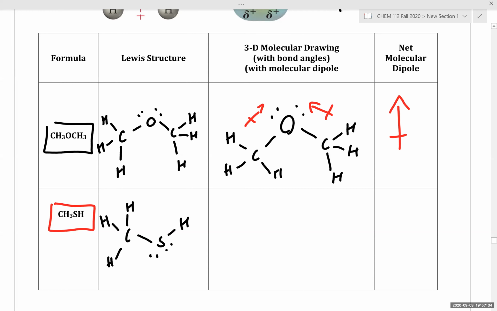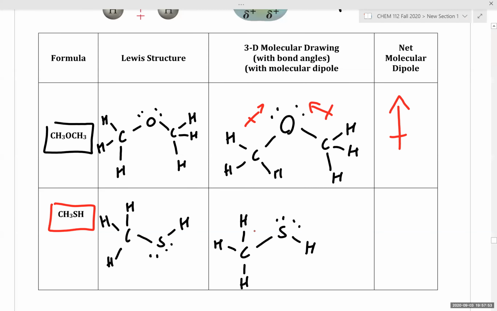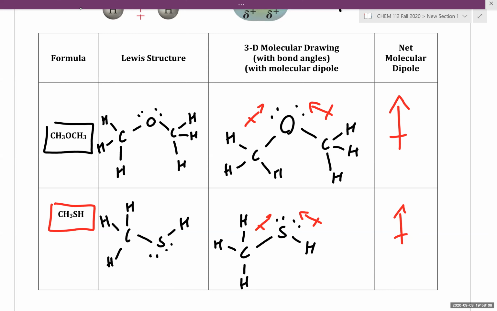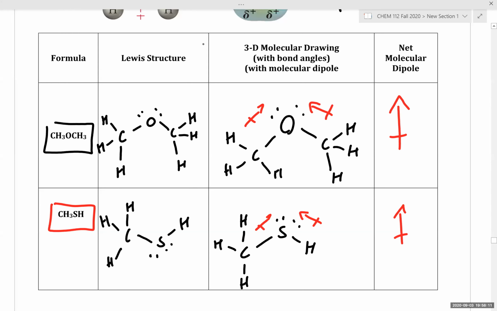Not exactly a fun compound to handle because it smells terrible, as most thiols do. Now that we have our Lewis structure respecting the bent geometry, we draw our bond dipoles, and that in turn gives us our net molecular dipole, which is pointing towards sulfur. Any questions on this? If not, let's keep going.